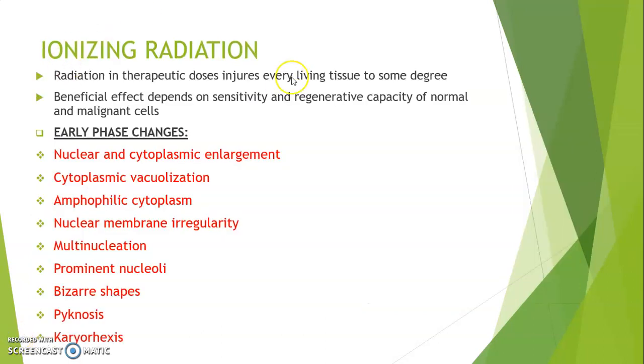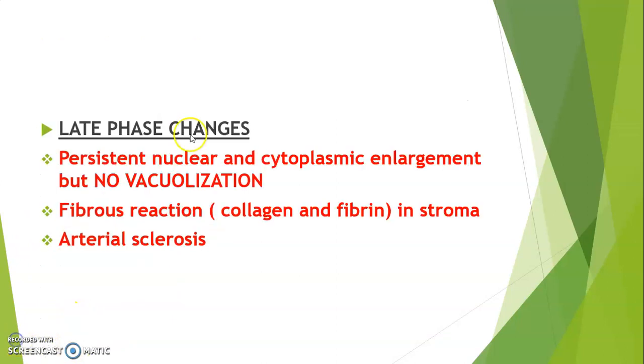The effect of ionizing radiation. The early phase changes will cause nuclear and cytoplasmic enlargement, cytoplasmic vacuolization, amphophilic cytoplasm, nuclear membrane irregularity, multinucleation, prominent nucleoli, bizarre shapes, pyknosis and karyorrhexis. Late phase changes are persistent nuclear and cytoplasmic enlargement with no vacuolization, fibrous reactions in stroma and arterial sclerosis.